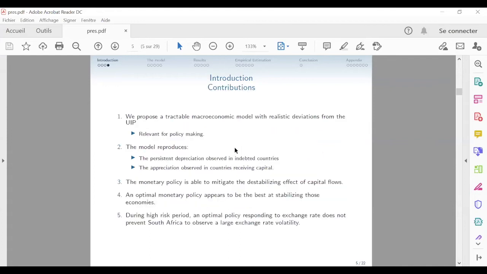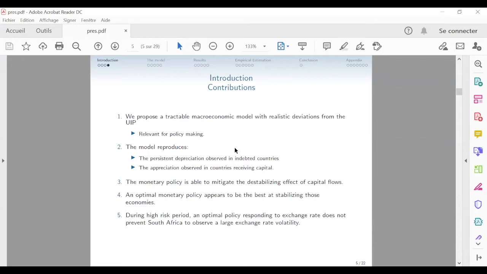Okay, the contributions of the paper are the following. First, we propose a tractable macroeconomic model with realistic deviations from the UIP. And in my mind, it could be really relevant for policy making. Then our model is able to reproduce the depreciation observed in indebted countries and the appreciation observed in countries receiving capital.